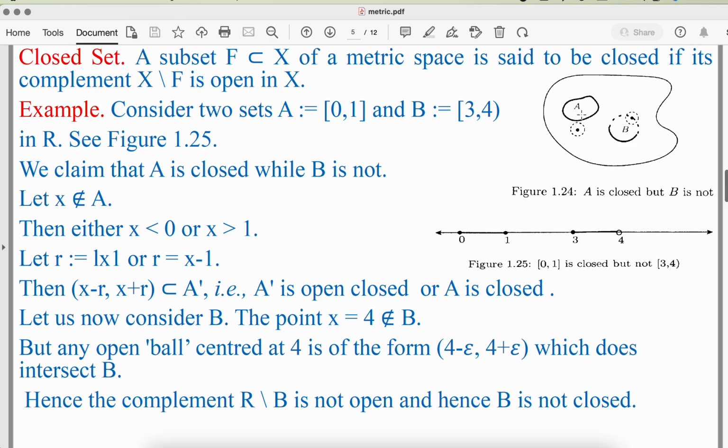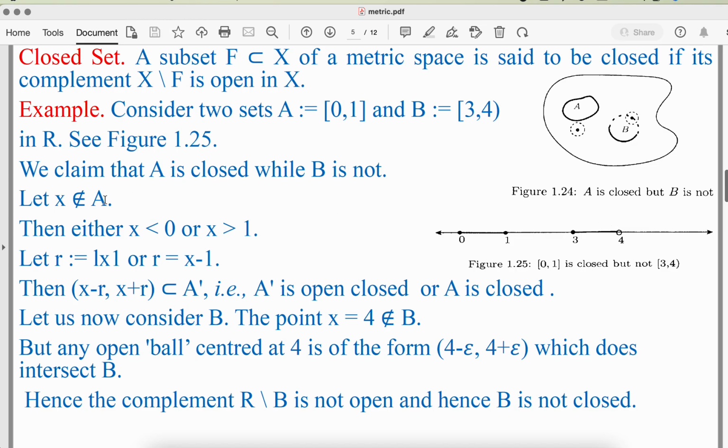A is a closed interval, this is 0 to 1. It is closed at 1 and closed at 0. And B is closed at 3 but not closed at 4. Here we have left this point. So we claim that A, which is from 0 to 1, is closed, and B is not closed.